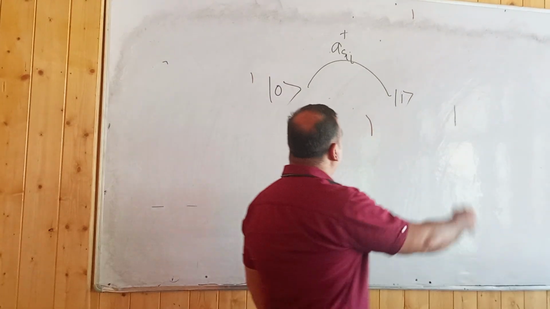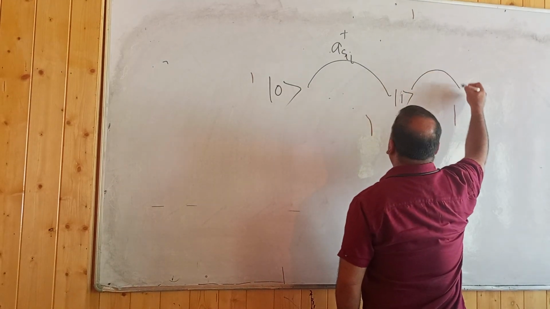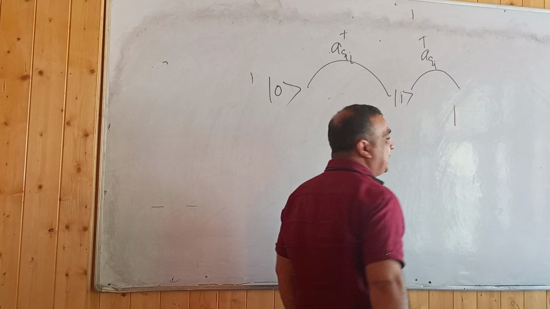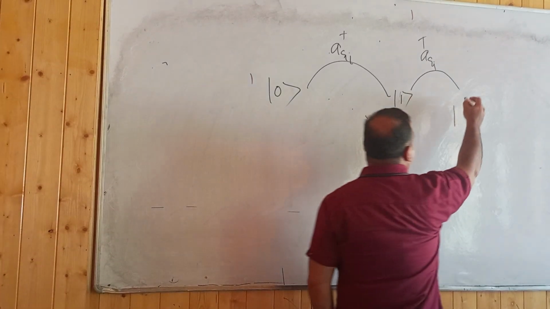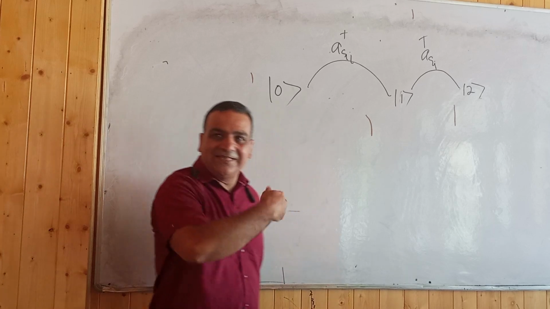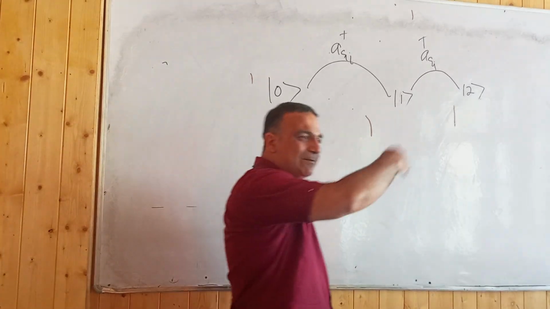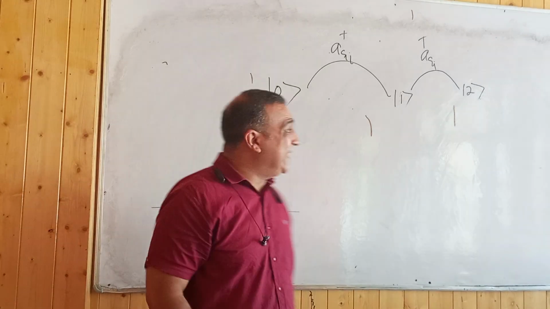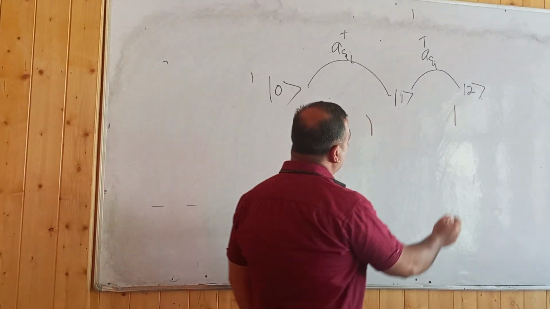Now, if I again use the creation operator a_i dagger, what will happen? You will have a state with two particles, and this can go on as much as the number of particles you are interested in. You can think in the reverse direction also.